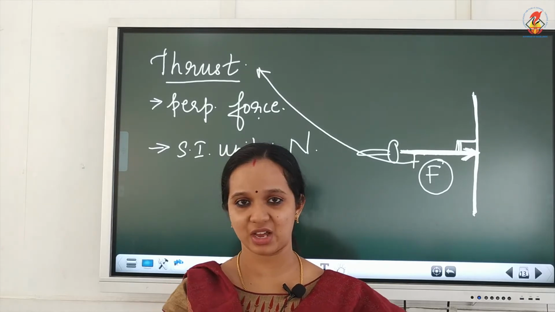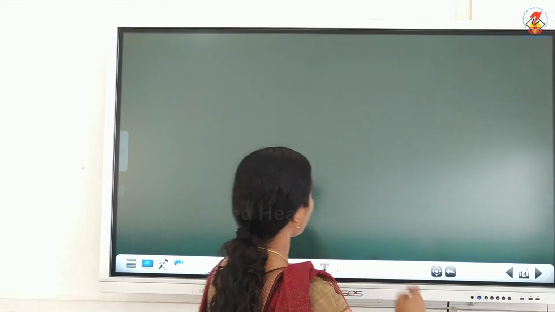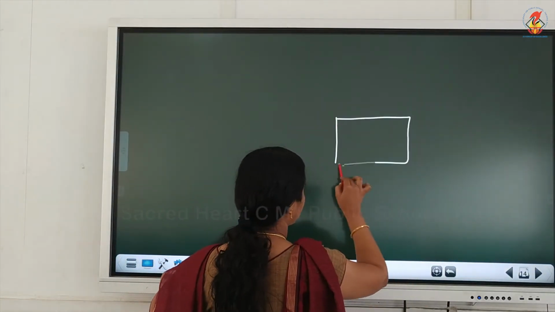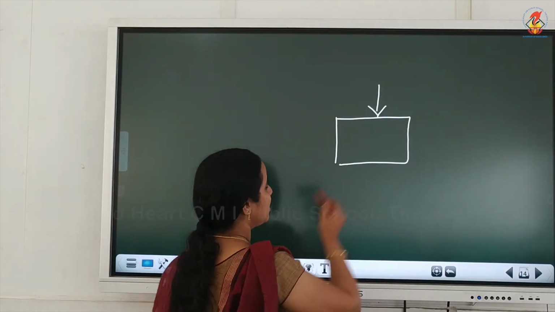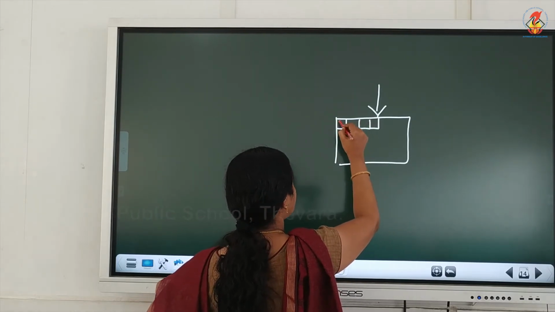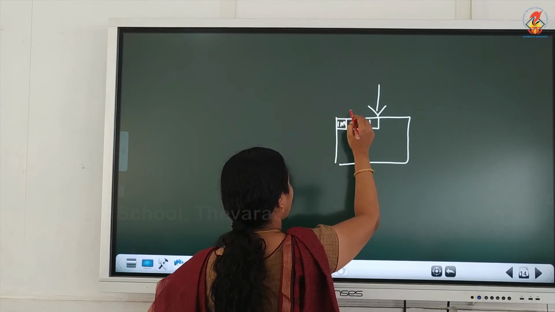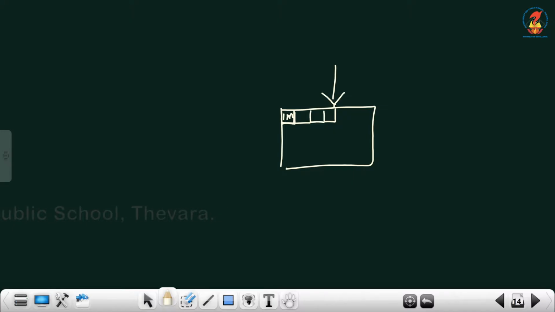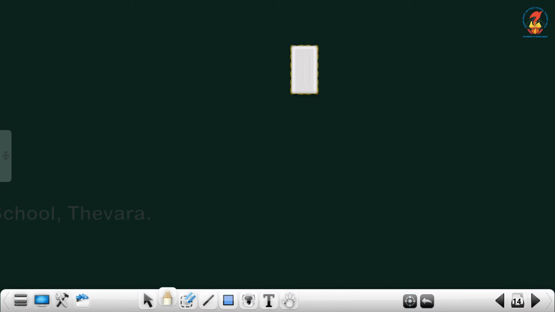Suppose you are applying a force onto an object, this whole object can be divided into squares of side 1 meter.